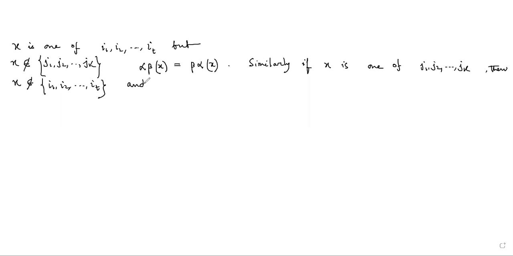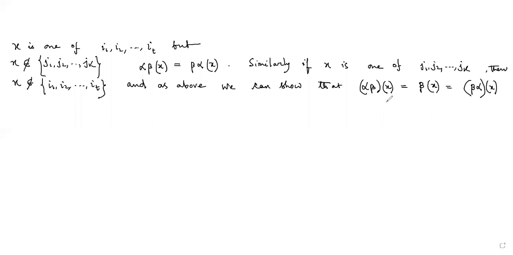And if it is so, then since X is one of J1, J2, ..., Jk, and it is not belonging to I1, I2, ..., It, because the two cycles are disjoint, just as above we can show that alpha beta of X will be equal to beta X, which is beta alpha of X. We can show this, isn't it?